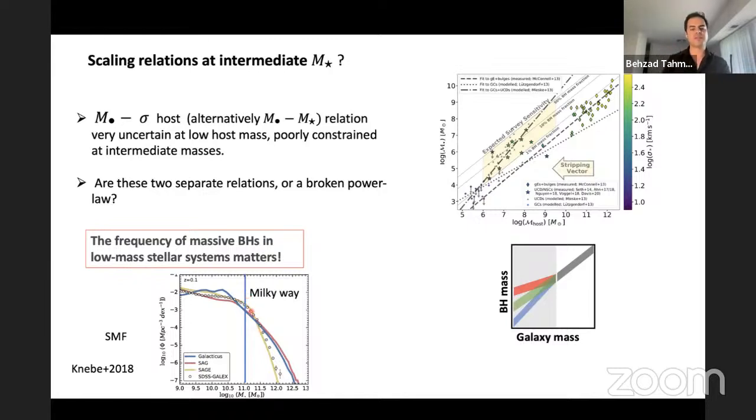But after the Milky Way, the number of galaxies with lower mass increases. So it's really important to push the limit of detecting black holes in the lower mass galaxies.